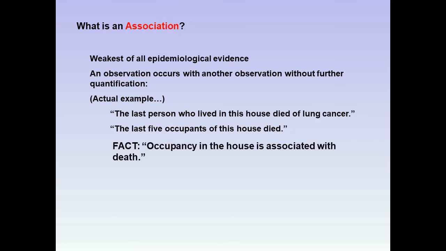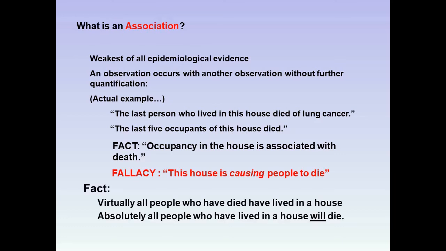Fact, occupancy in the house is associated with death. Fallacy, this house is causing people to die. Fact, virtually all people who have died have lived in a house. Absolutely all people who have lived in a house will die. Association is the weakest of all epidemiological evidence.